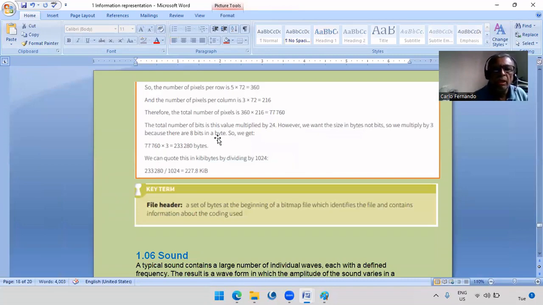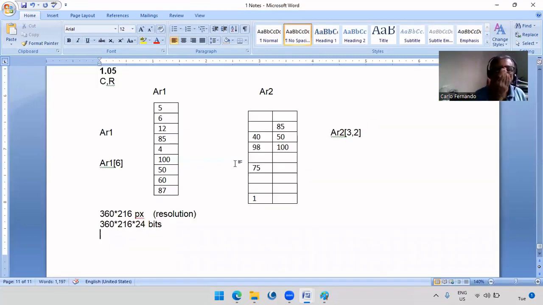Thereafter, what happens? Now this is in bits. If you want to convert it into bytes, divide by 8. Then the unit is bytes.